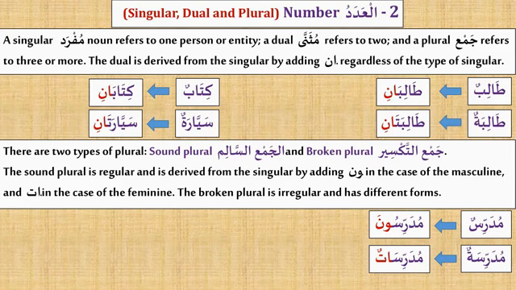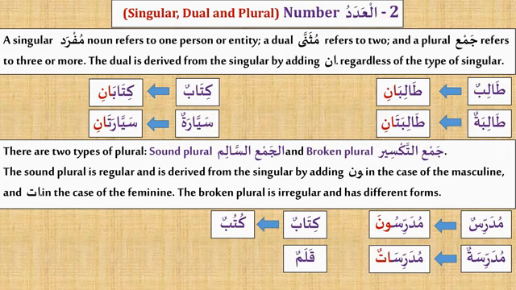And now let's give examples for irregular plural or broken plurals. As we said, they don't have one rule, one way, or one form. They all have different forms. Kitabun, a book. Kutubun, books, three or more books. Qalamun, pen.